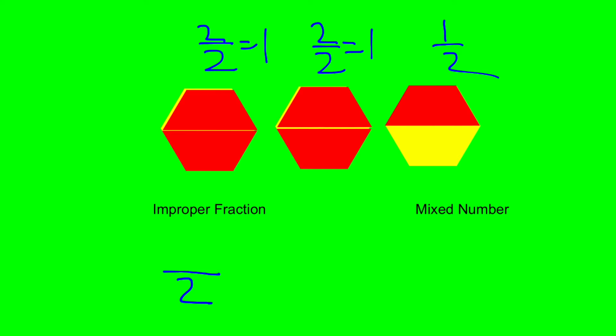And let's count how many of those halves we have. We have 1, 2, 3, 4, 5 of them. We have 5 halves. Or if we think of it as a mixed number with whole number parts and fraction parts, we have 1 whole, 2 wholes, and a half. So that would be 2 1/2.